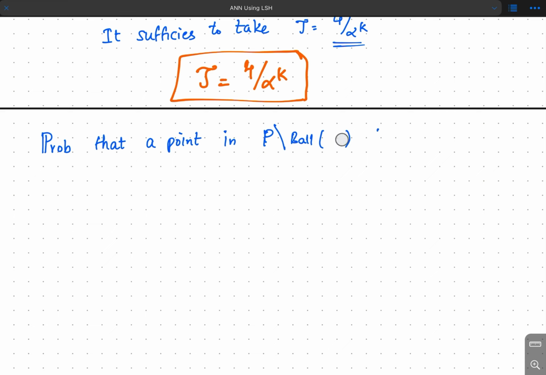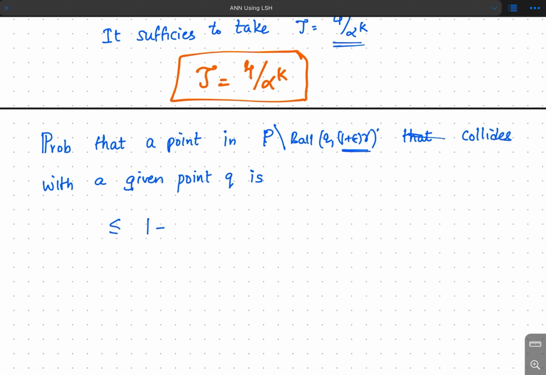The probability that a point outside the ball of radius 1 plus epsilon times r collides with a given point Q is at most 1 minus, as we calculated, (1 minus beta to the power k) whole power tau.